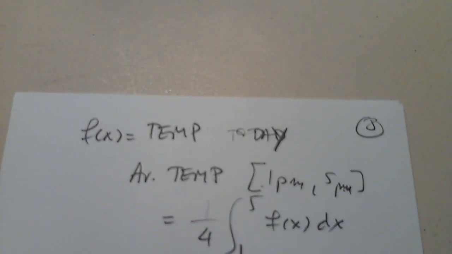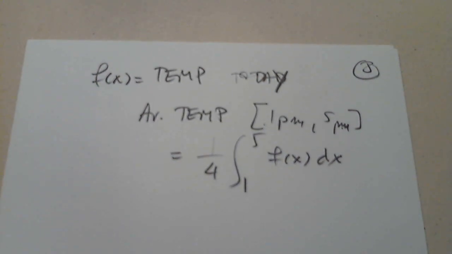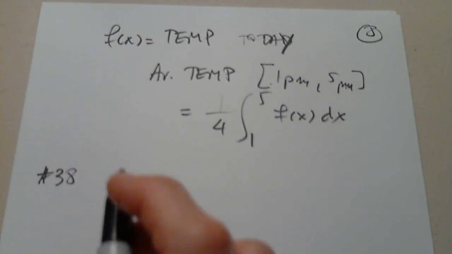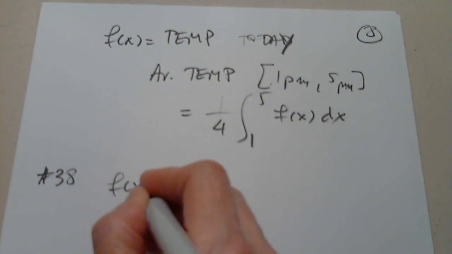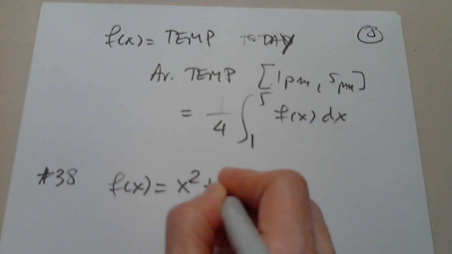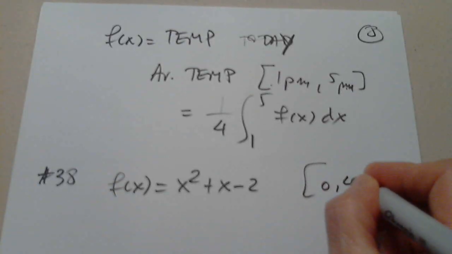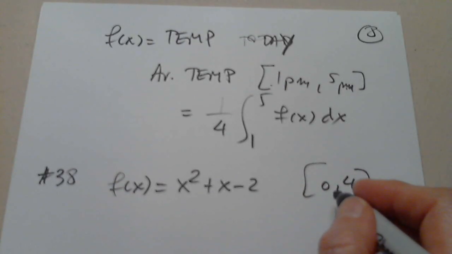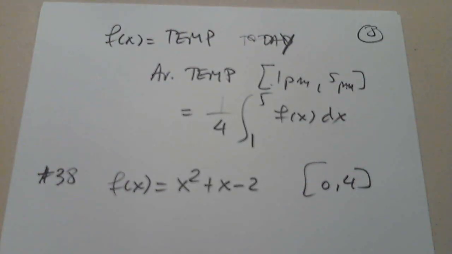Let's look at 38. Good. In 38, we have f of x equals x squared plus x minus 2 on the interval 0, 4. Is this the one? 38? Did I hear correctly? Yeah, yep, 38. X squared minus x plus 1.